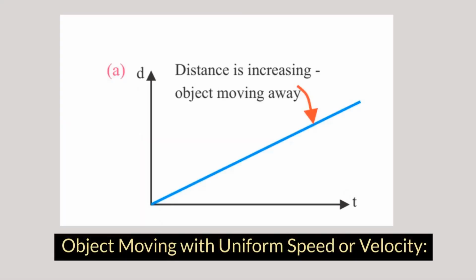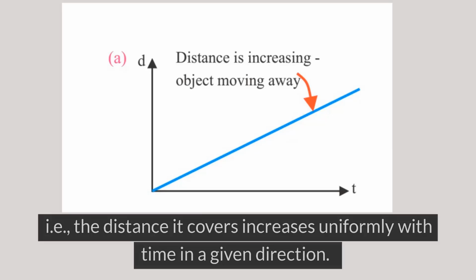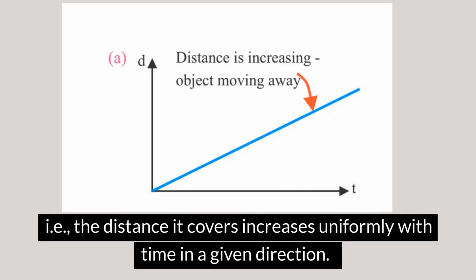Object moving with uniform speed or velocity. If the distance time graph is a straight line, the slope will be constant, indicating the constant speed of the object, that is, the distance it covers increases uniformly with time in a given direction.